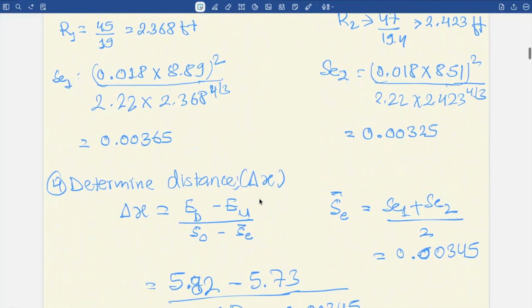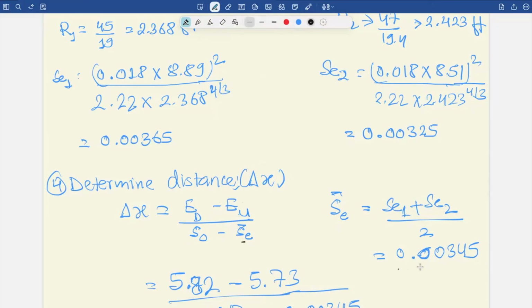For that, there is a standard formula. Delta X is equal to specific energy downstream minus specific energy upstream divided by S naught minus SE, where S naught is the slope, and SE is the average of friction slopes SE1 and SE2.